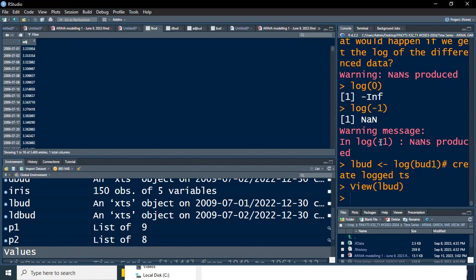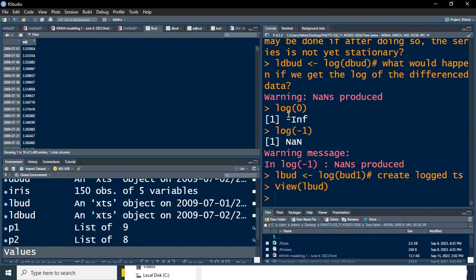Positive. Yes, positive, correct. So the range, the domain, the possible values of a log component will always be positive. And it will never reach zero.